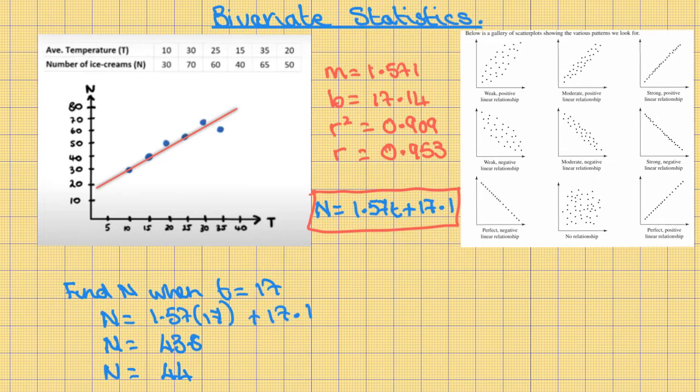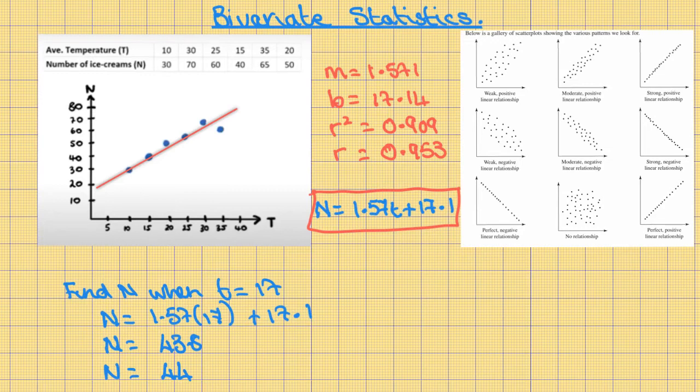Now, what does the R value tell us? Well, the R value tells us the strength of the relationship between our two variables. So in this case, how strong is the relationship between the temperature and the number of ice creams sold? On the right hand side is a series of 9 diagrams showing strong, moderate and weak positive, strong, moderate and weak negative, and no relationships whatsoever.